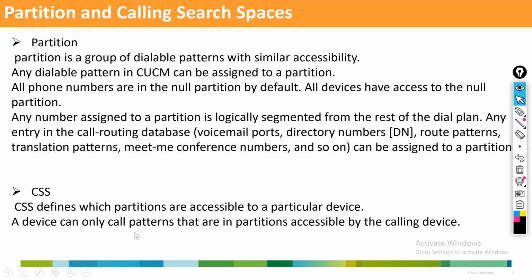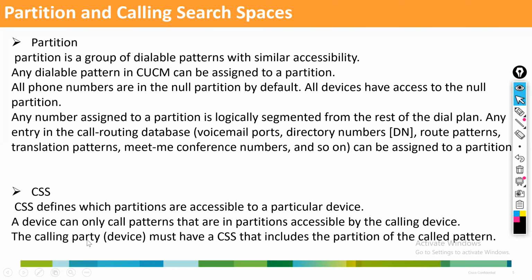A device can only call patterns that are in a partition accessible by the calling device. The calling party device must have a CSS that includes the partition of the called pattern. When I do the practical, you will understand exactly what this means, or in the next slide. These are the bullet points you have to remember, because in the interview they will ask partition and CSS questions.